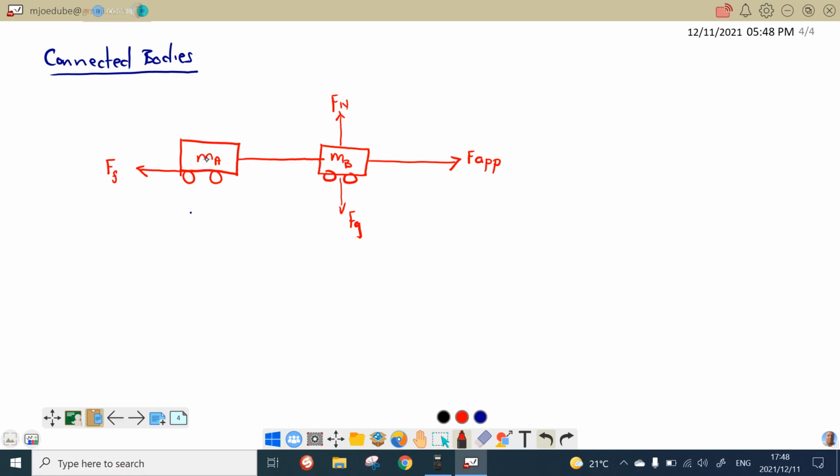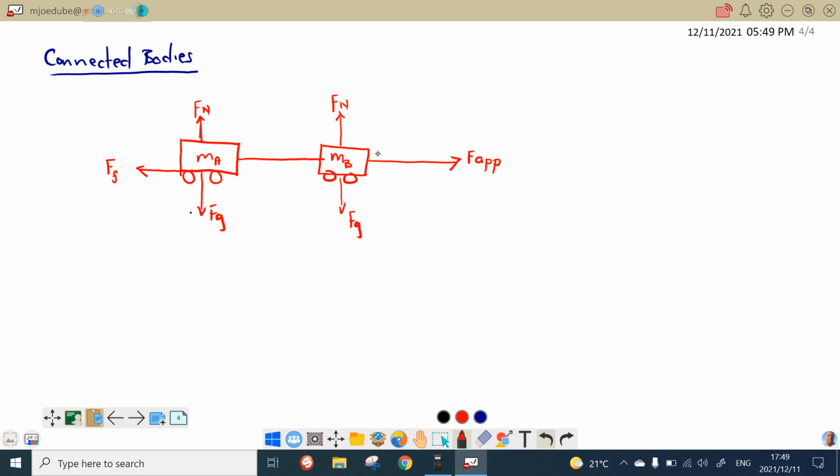And then at body A, there's also going to be an F normal, and there's also going to be an FG acting on body A. This FG and that FG are not necessarily going to be the same, and neither will the FN be the same, for the simple reason that the masses of objects A and B are not necessarily going to be the same.